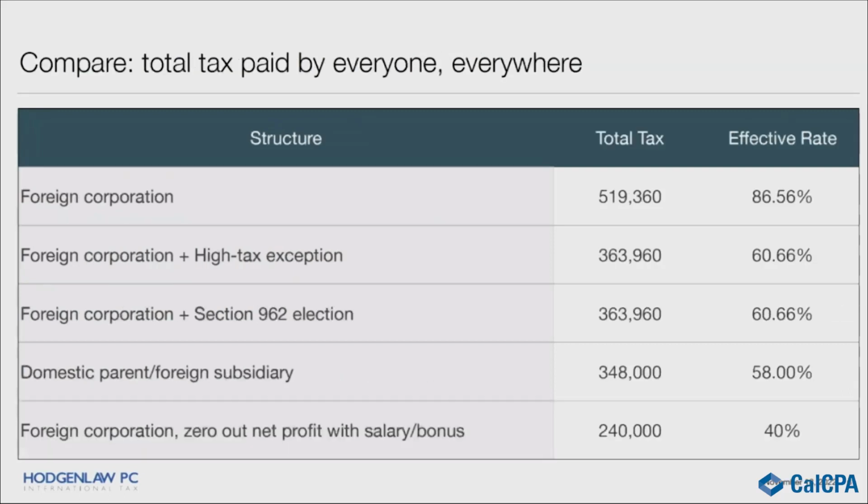So, going back to my little table that I gave you at the beginning and adding at the bottom this row, I would say that if you've got a choice between, let's just say, real world solutions to tax problems and clever lawyer tricks to tax problems, high tax exception, Section 962, parent sub, all this BS, why don't you look at real world solutions, just along, for instance, the way we're doing it right now.